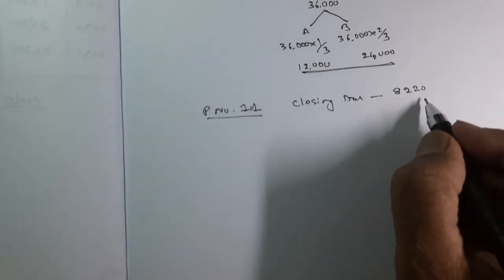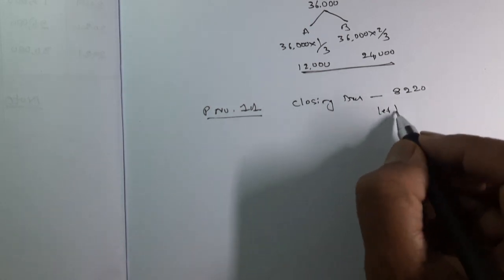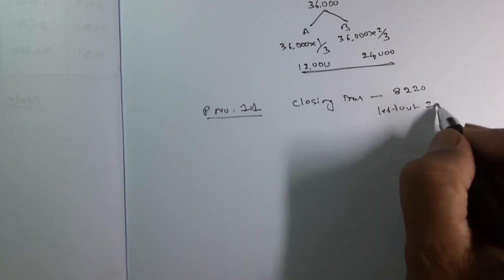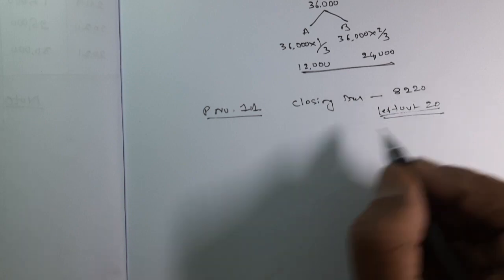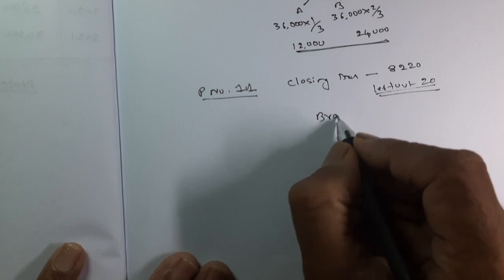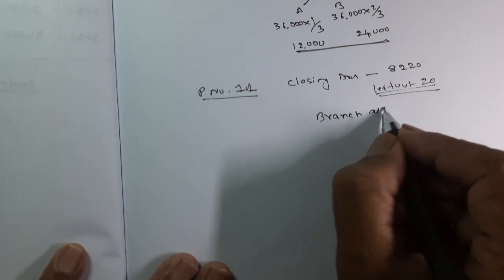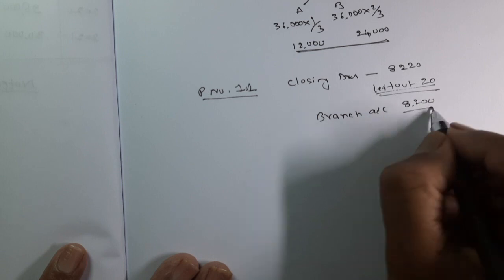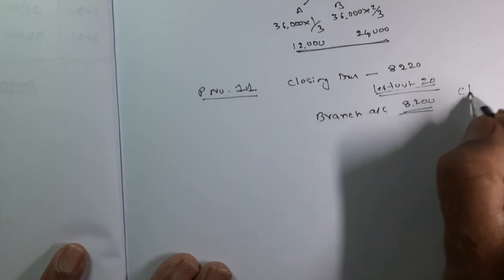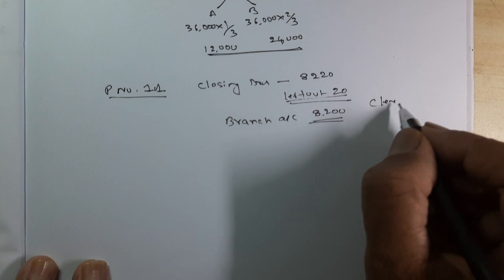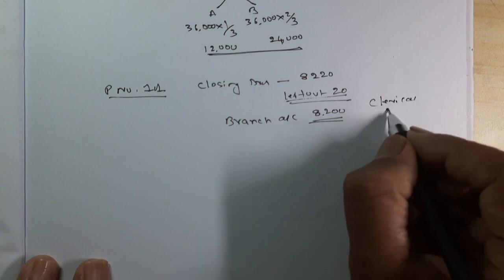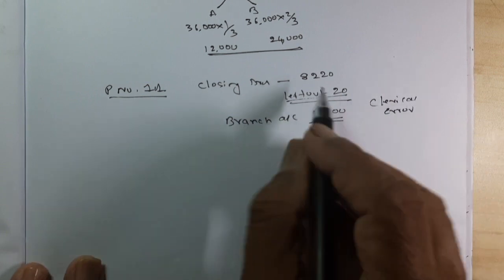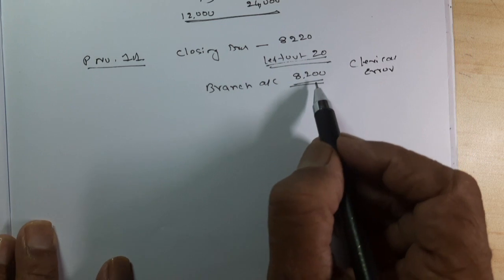I have left out 20 rupees. So in the branch account, I have taken 8,200. Once again, it is a clerical error, right? So you can take that 8,220 only.